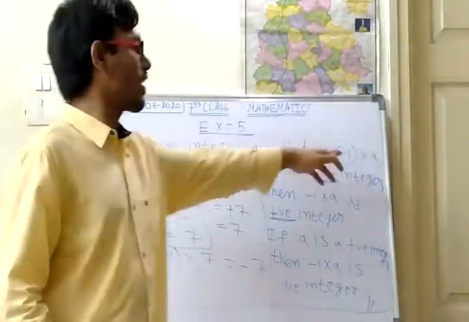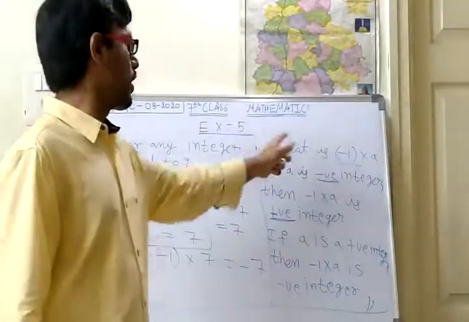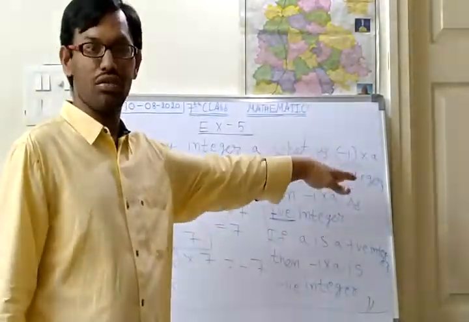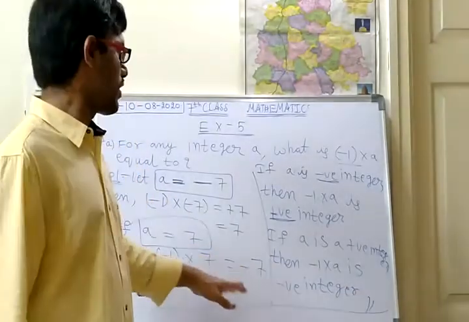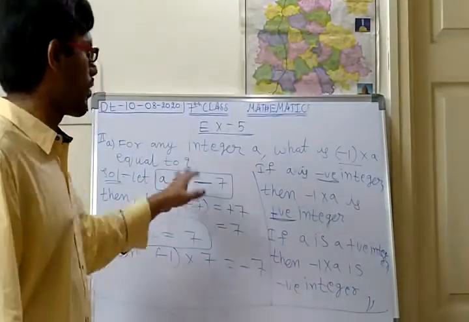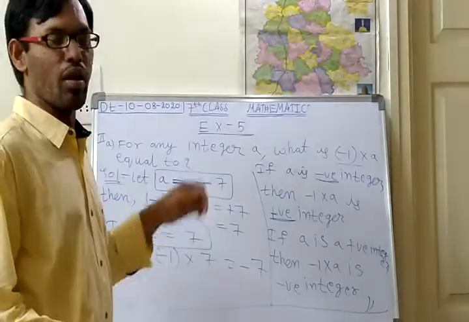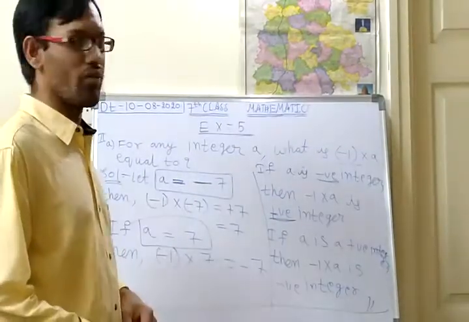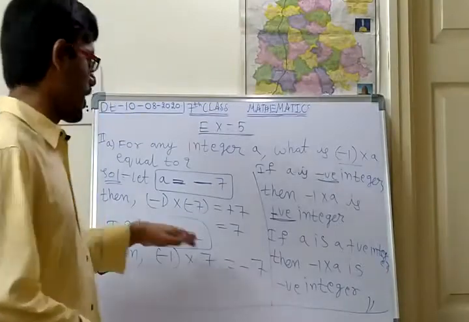If you take a as a negative integer, the result will be a positive integer. If you take a as a positive integer, the result will be a negative integer. I think you are understanding this problem very easily. So this is the end of this problem.